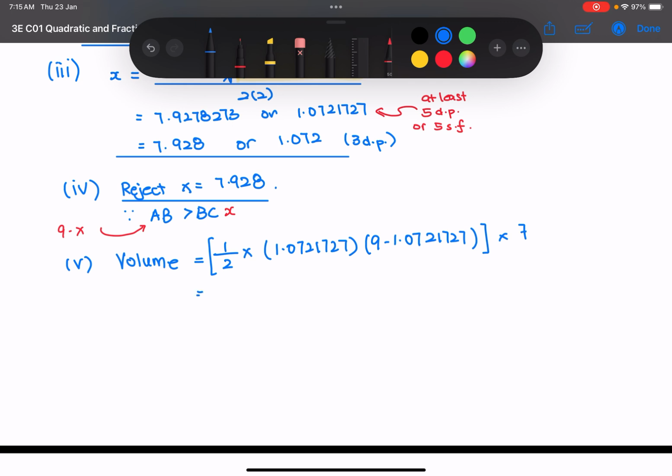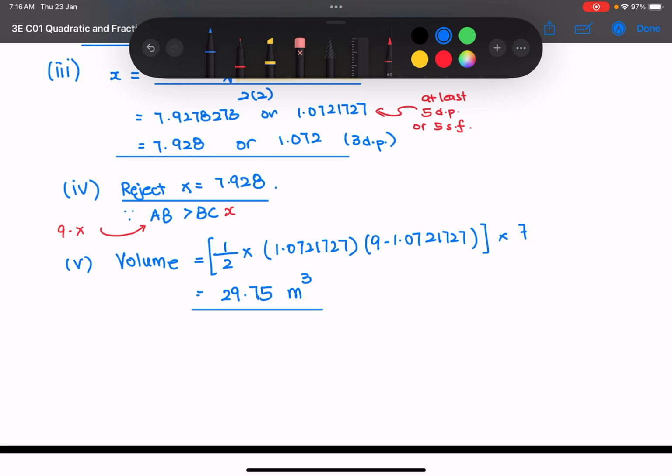Okay, let me just press 0.5. Wow, I got 4.250000, so many nice numbers. Multiply this by 7. My answer is beautifully exact. 29.75 meter cube.